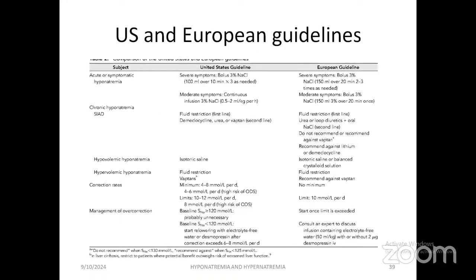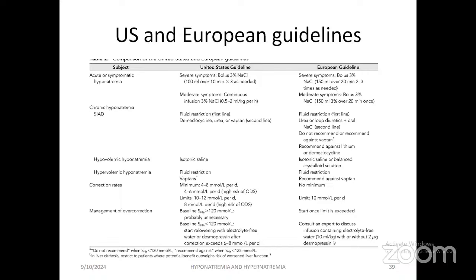Coming to the guidelines for management, we have the United States guidelines and European guidelines. For acute symptomatic hyponatremia, according to US guidelines, we give a 3% NaCl bolus, 100 ml over 10 minutes, and it can be repeated thrice. In European guidelines, we give 3% NaCl, 150 ml over 20 minutes, and this also can be given 2 to 3 times.